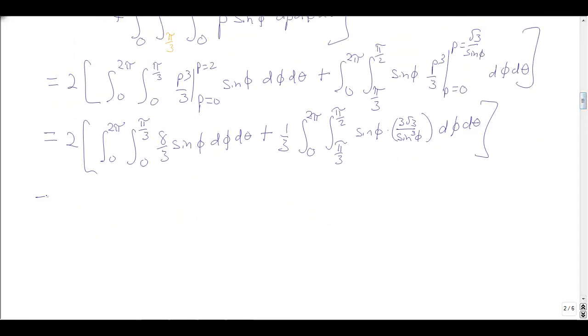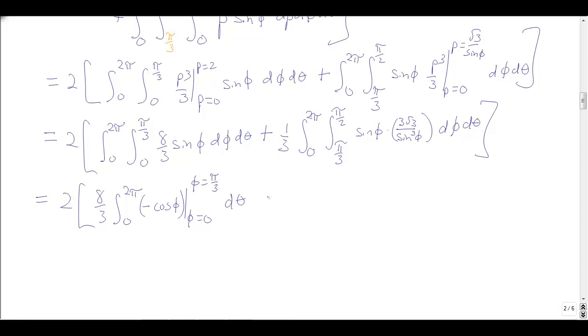Okay, so it's 2 times. Here I'm going to pull the 8 thirds out, integrate from 0 to 2 pi. Sine phi, the integral is negative cosine phi. And that goes from phi equals 0 to phi equals pi over 3.